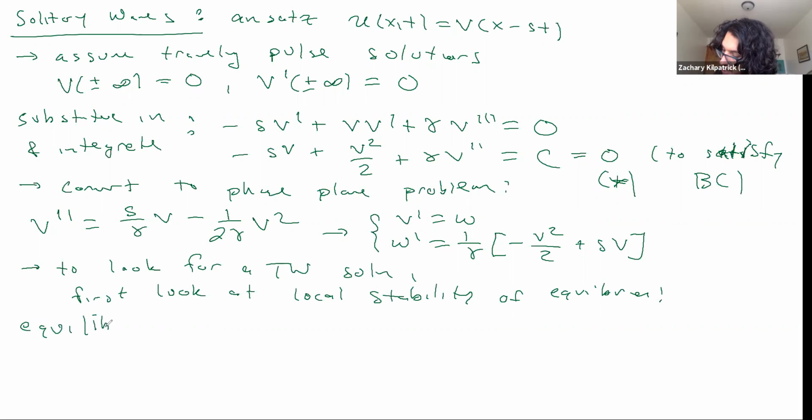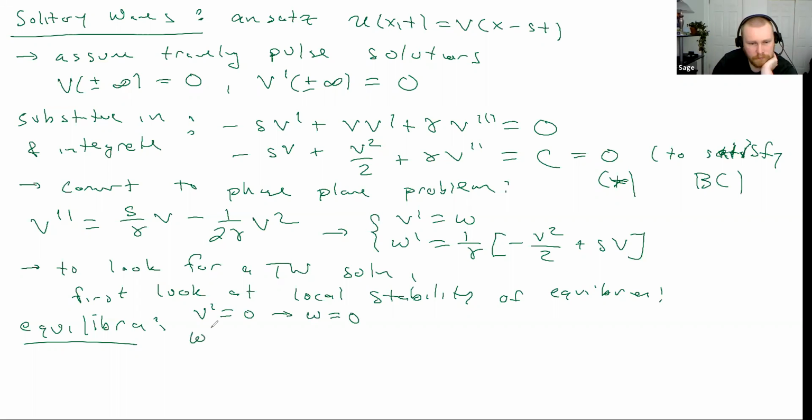So equilibria of this problem, anybody want to tell me what those are? The restriction on W should be easy. In order to have V prime equals 0, W equals 0. In order to have W prime equals 0, I need what? Well, this right-hand side to be 0. SV equals V squared over 2.